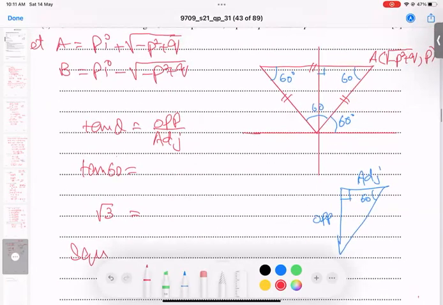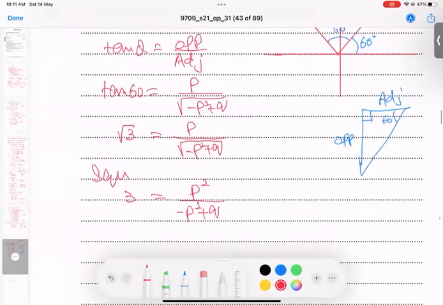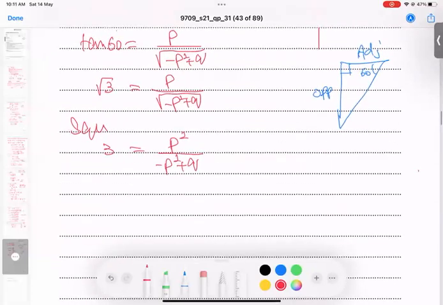So it means in this option now, opposite is what here? Opposite is P by root of negative P square plus Q. Squaring both sides, I got 3 equals P to power 2 over negative P to power 2 plus Q. So now cross multiply.